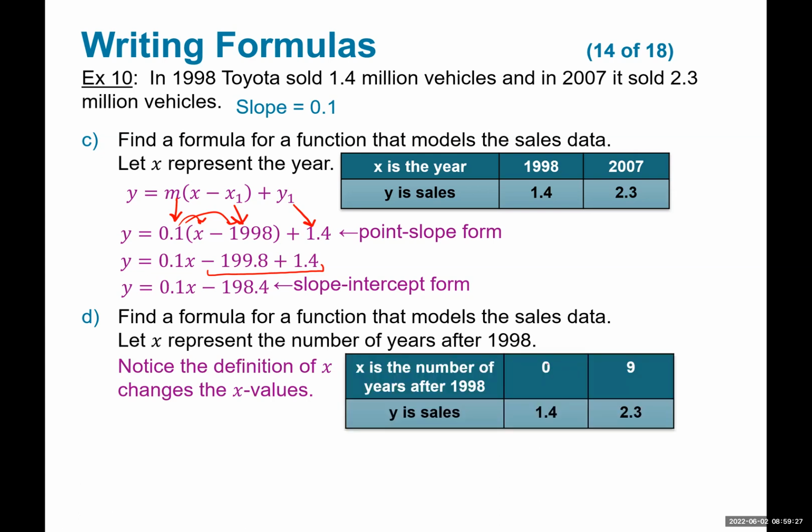So we're going to say 1998 was 0, the beginning. Then 2007 would be 9 years later. So 1 would be 1999, 2 would be 2000, 3 would be 2001, and so on and so forth.